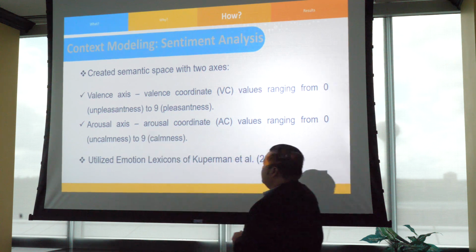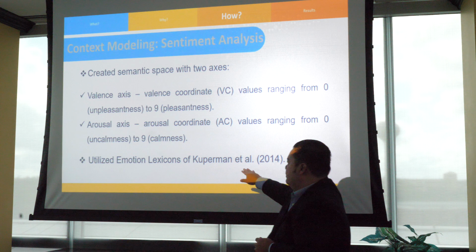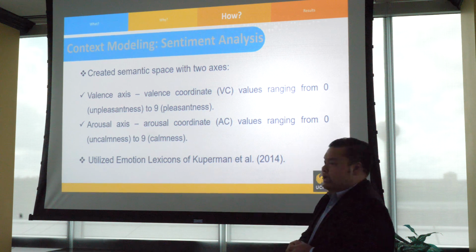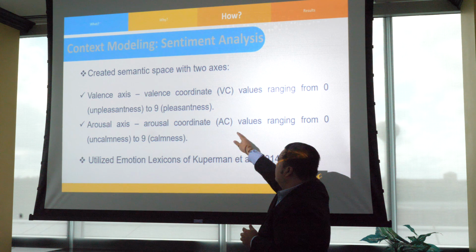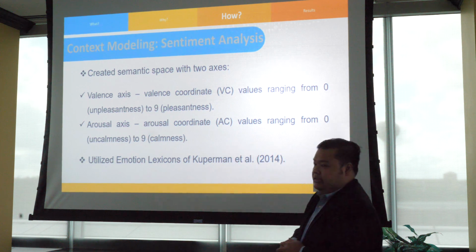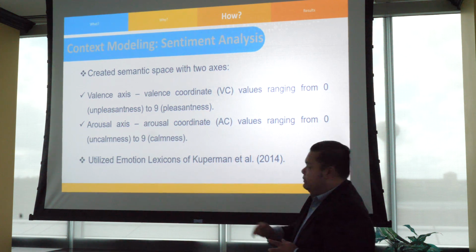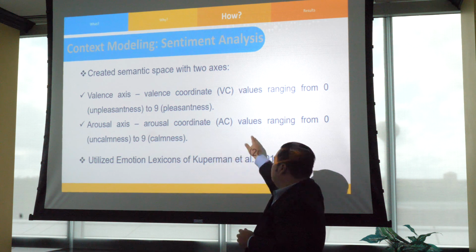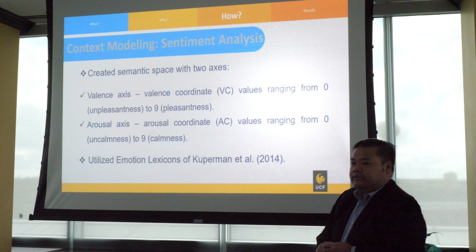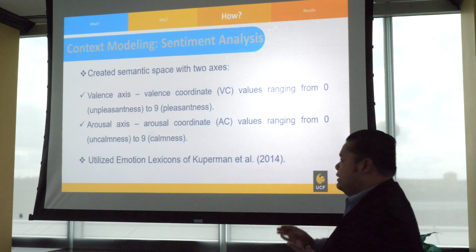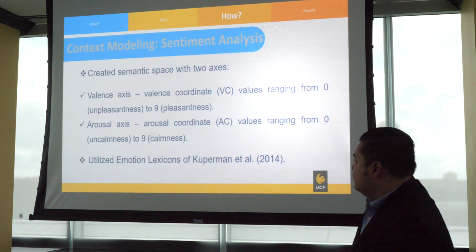In the lexicon from Kuperman et al., the values go from 0 to 9. For valence, 0 means unpleasant and 9 means pleasant. For arousal, 0 means uncalm and 9 means calm. So I try to correlate this coordinate system into our work.